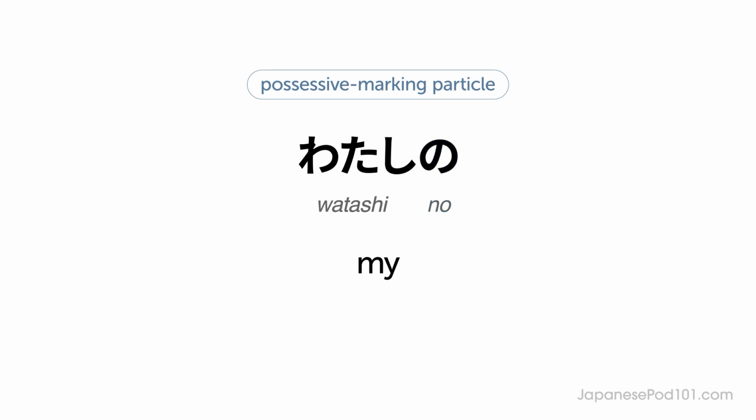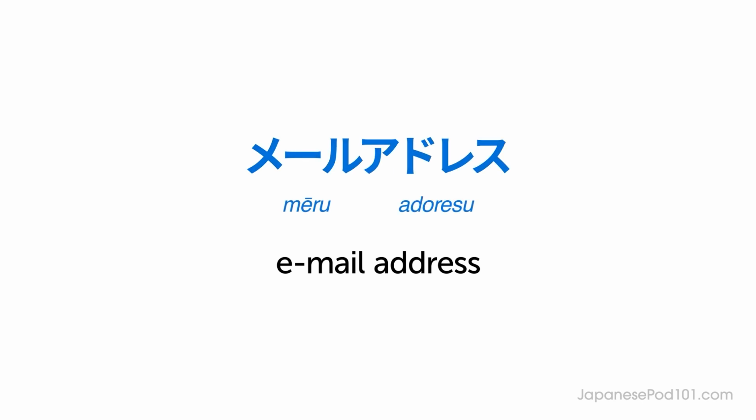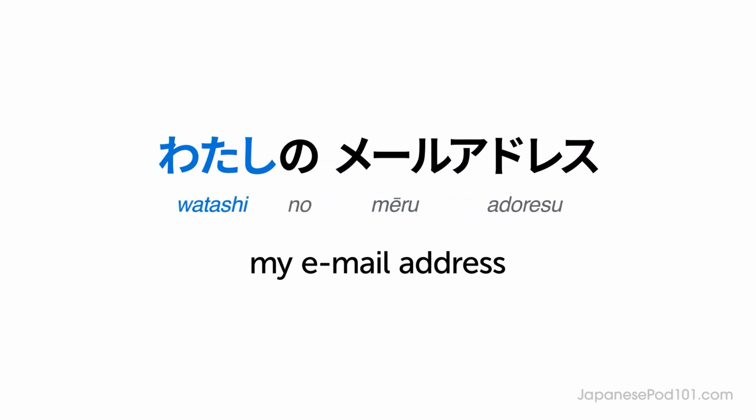Together, it's 私の、my. Next, do you remember how to say email address? メールアドレス、email address. Together, 私のメールアドレス、my email address.